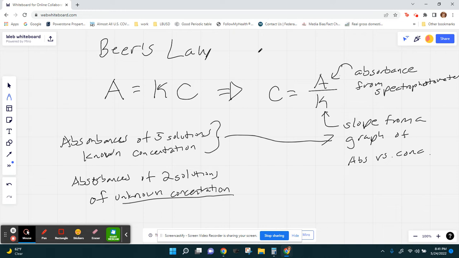Why do we read percent transmittance versus absorbance, since you can actually read absorbance on the spectrophotometer? These two relationships are not linear, they're logarithmic, which means that they don't translate directly. You've got to use an equation to get one from the other. It's much easier to read the percent transmittance on the spectrophotometer than the absorbance.